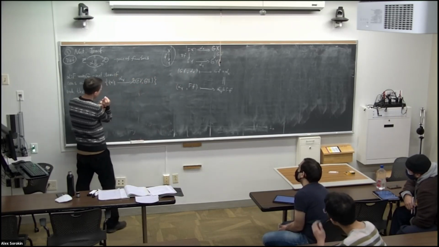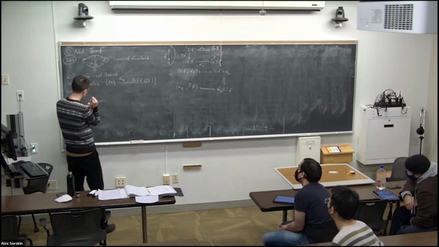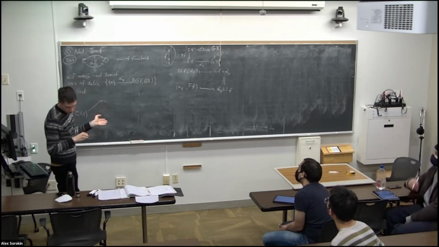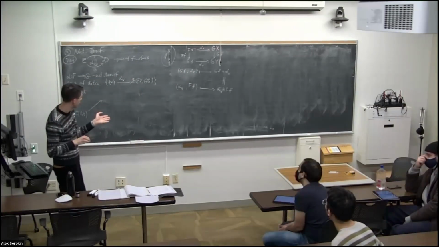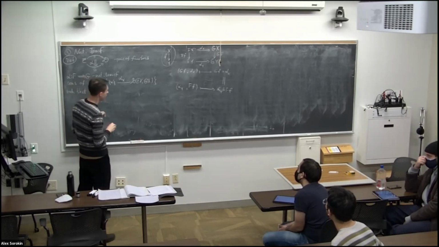Therefore, I see that I have two arrows, but with different sources and targets. What can I do? I can take the Cartesian product of two arrows. Look how it will be.